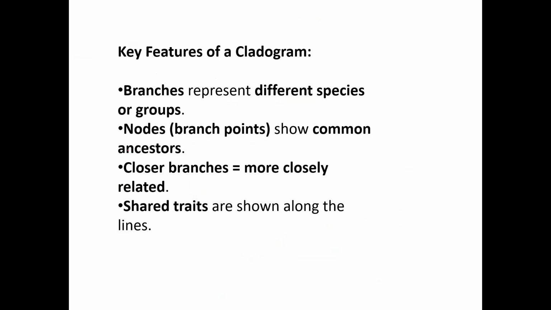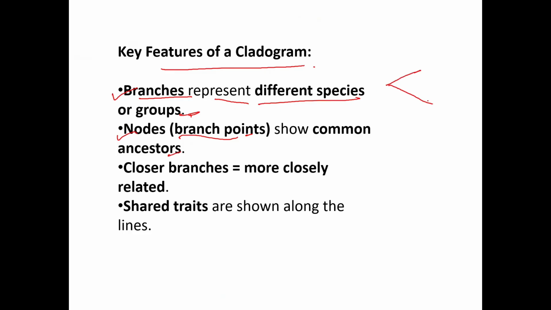So it's just like a family tree. A cladogram is a diagram that shows the relationship between different species based on shared characteristics. Let's study the features of a cladogram. What are the major features? It always shows branches, which represent different species or groups; nodes, the branch points, show common ancestry.